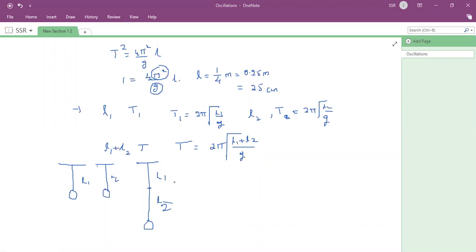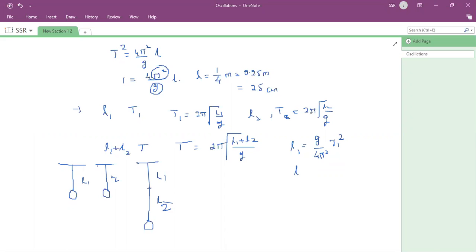Then what is the relation between T and T1 and T2? We know L1 from this equation. L1 is equal to g by 4 pi square into T1 square, squaring on both sides.